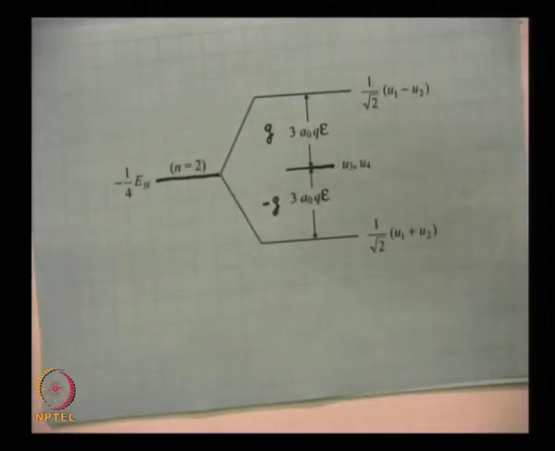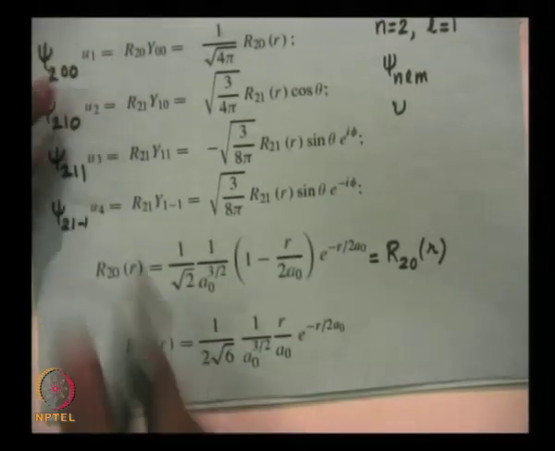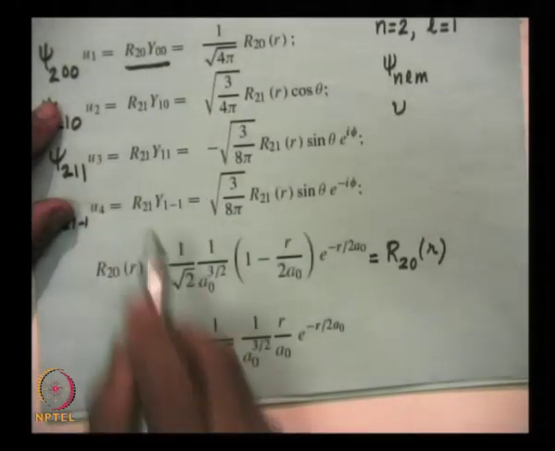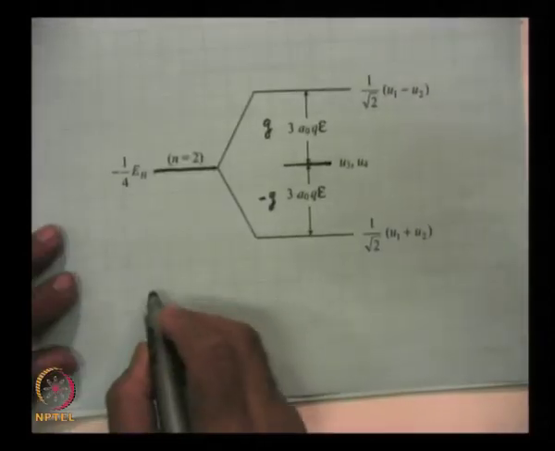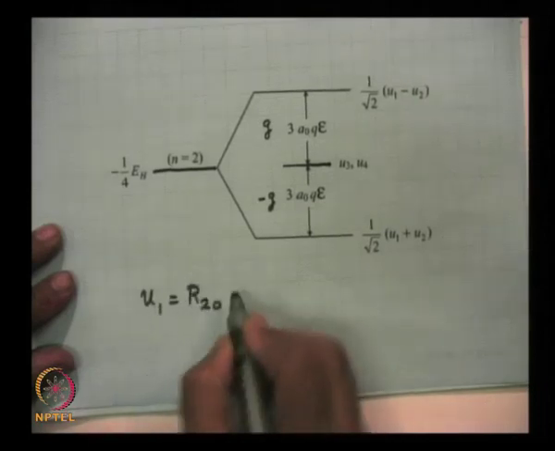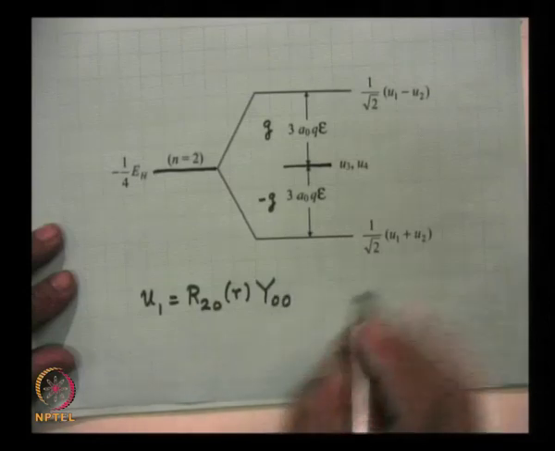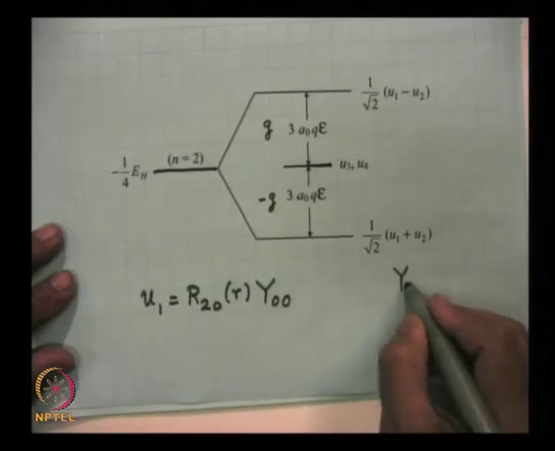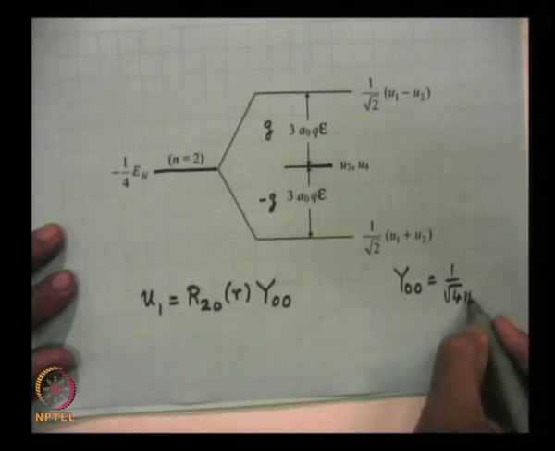And the question arises, as we had mentioned, what are u1 and u2. We had mentioned that u1 is r20 y00, and u2 is r21 y10. So u1, as you recall, was r20 of r, y00 of theta phi, and y00 is just 1 over root 4 pi. This is the spherical harmonic.